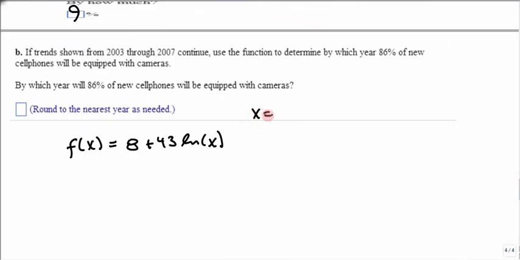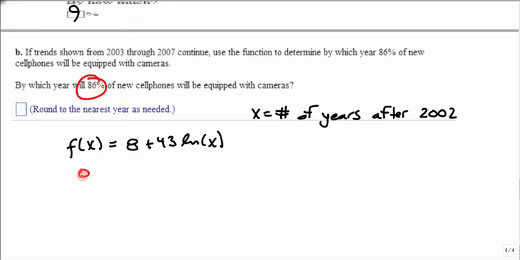So let's just note that x equals the number of years after 2002. Okay, it says use the function. So we're not going to look at the graph. We're just going to use the function to determine by which year 86% of the new cell phones will be equipped with cameras. So I think we should just plug an 86 in here.